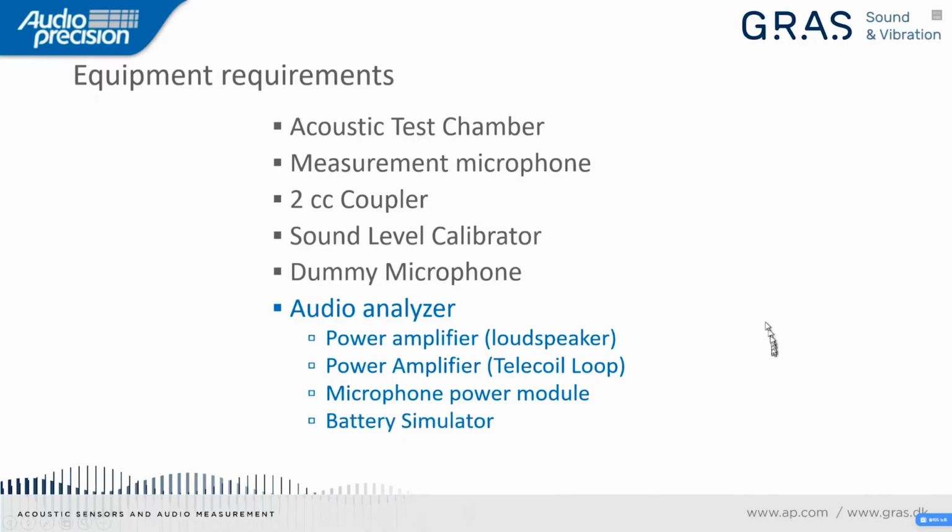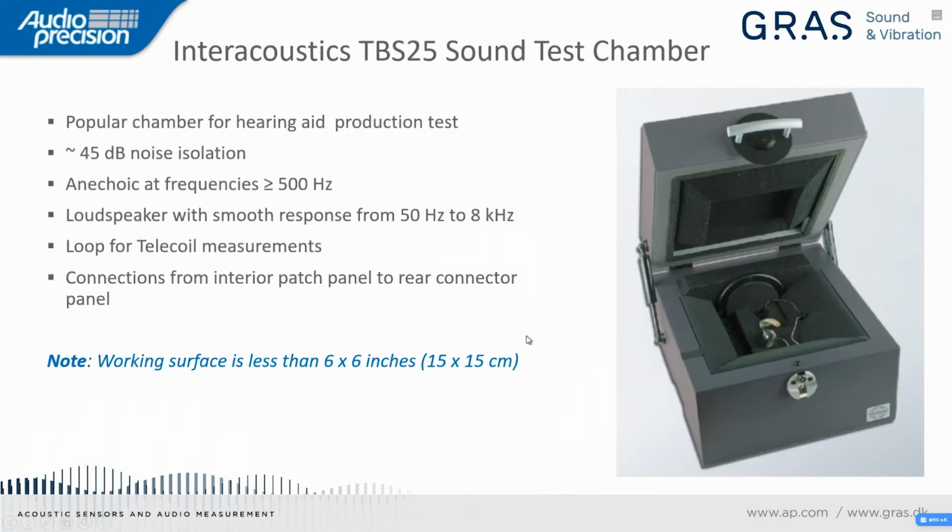Now one of the most popular sound test boxes is this TBS-25 sound test chamber made by a Danish company called Interacoustics. I think the same unit is sold by Brüel & Kjær; I think they just buy it from Interacoustics and put their own model number and their own paint color. But it's one of the most popular chambers for hearing aid production test.